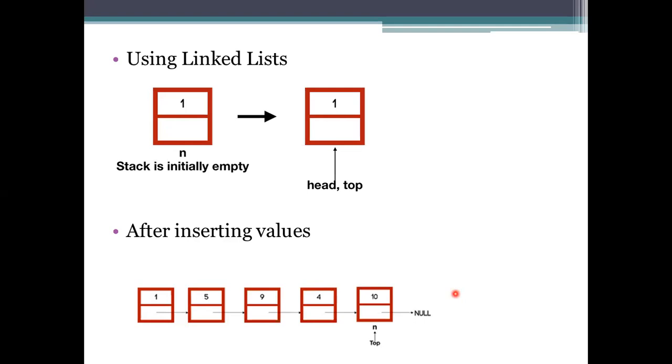When it is considered empty, it is pointed to null. Whenever we insert values, we insert the value 1, and this part represents the next pointer, meaning what the next value is.